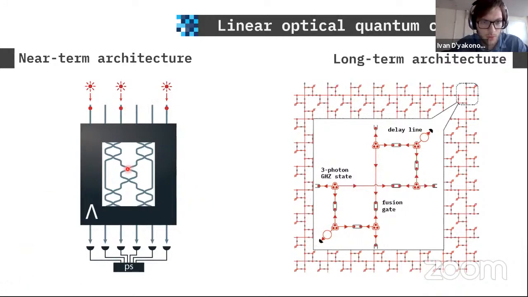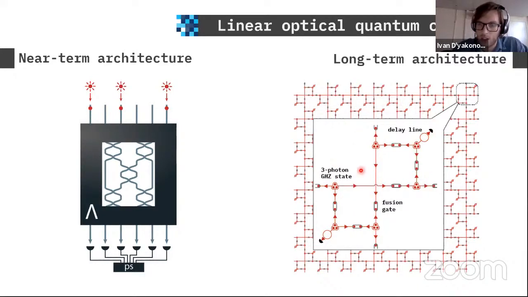regarding the algorithm which is being performed on this platform. The more long-term architecture, which is proposed by Terry Rudolph and his co-authors from Bristol and London, and which is now developed in the PsiQuantum company, is depicted on the right side of the screen.